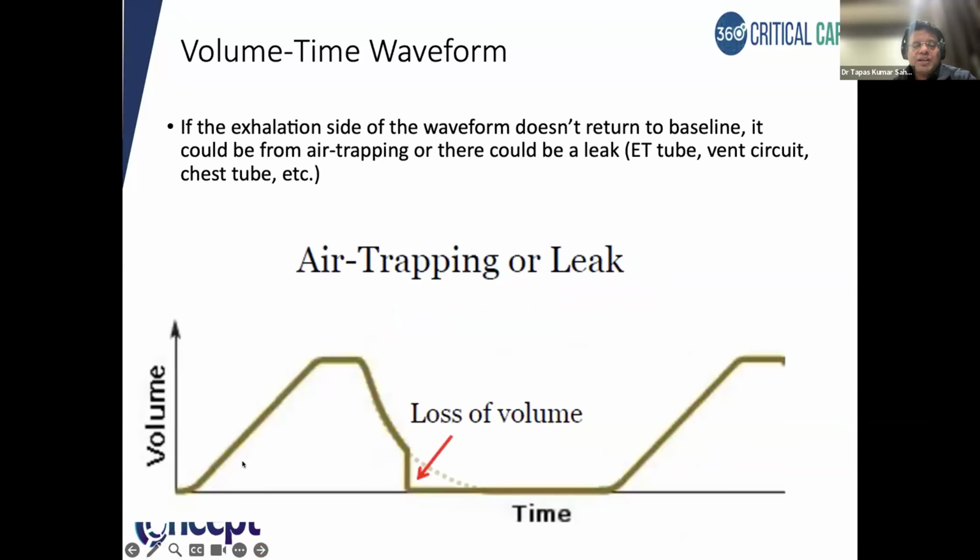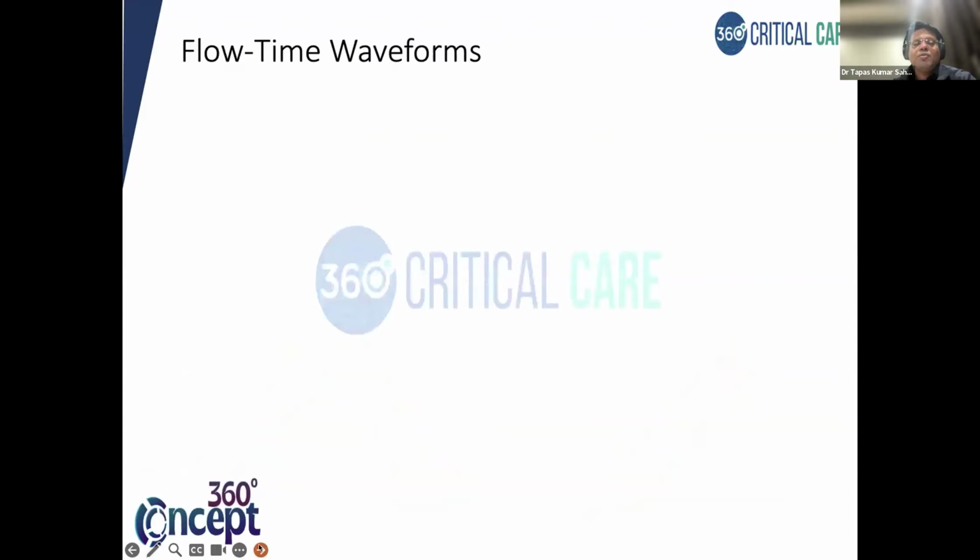That's why the waveform would look like it is going in the inspiratory phase, reaching the peak inspiratory volume, but in the expiration, what is happening? There is a loss of volume happening here. And then again, your ventilator is giving the inspiration and it is reaching the peak inspiratory volume. So there is a definite loss of volume happening here.